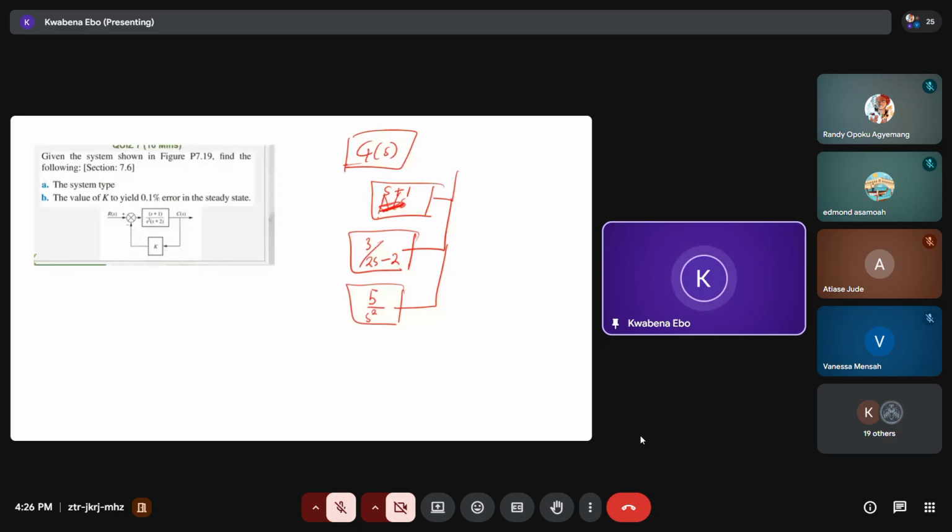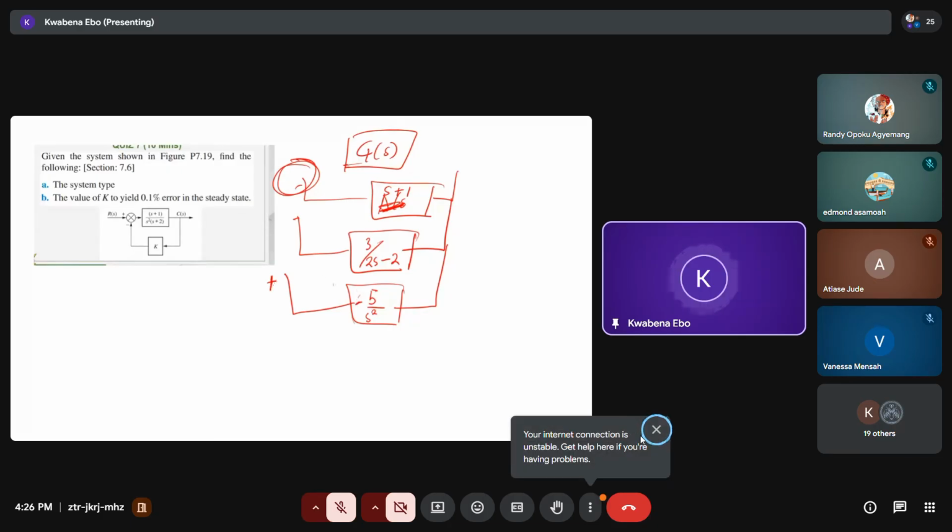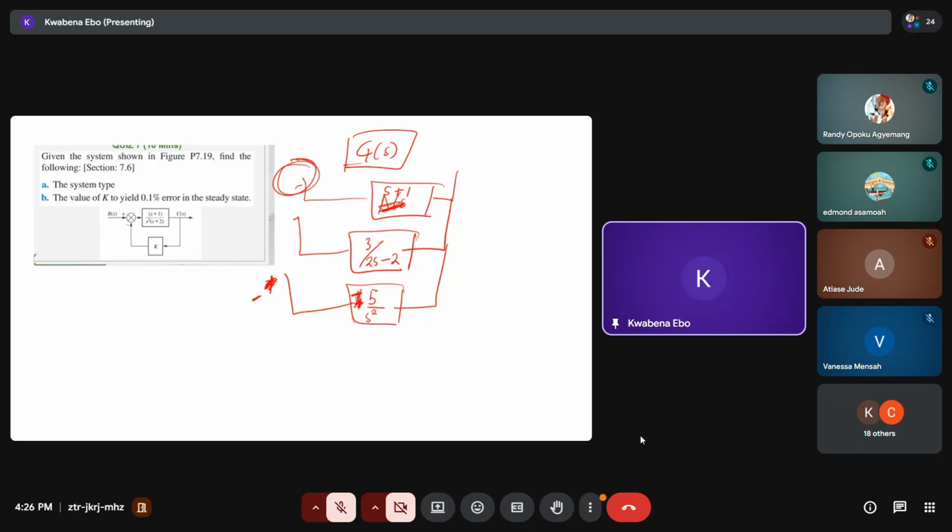If all are negative, you see the negatives enter by them. If one is positive, just make the one inside negative. Let's say in the question this negative is not there, here is positive. You make it negative 5 over s squared, so that the negative and negative make it positive.